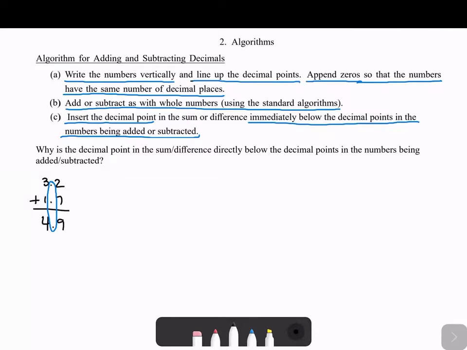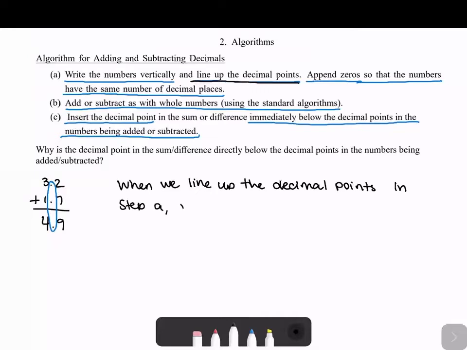And remember, I said that this was new in this algorithm, lining up the decimal points. When you line up the decimal points in the first step, essentially what we're doing is lining up the place values.